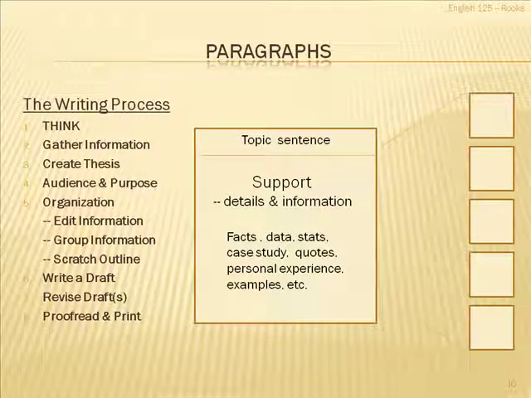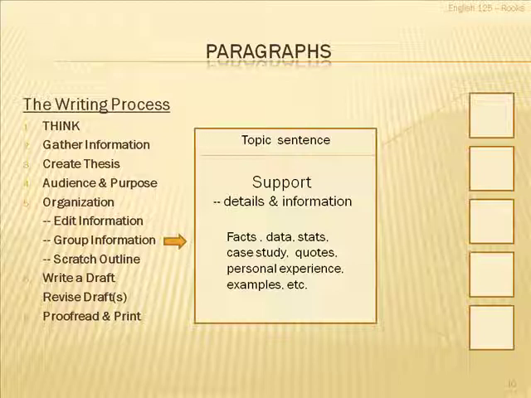Now, paragraphs come from the writing process that we previously looked at. And where they come from and where they're born in this process is down in step 5 under organization. When you group your information into related information, that becomes your paragraphs.